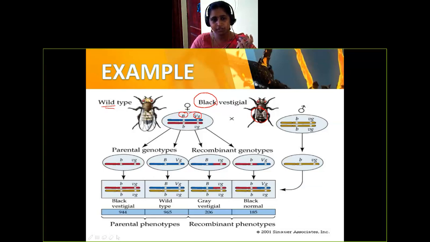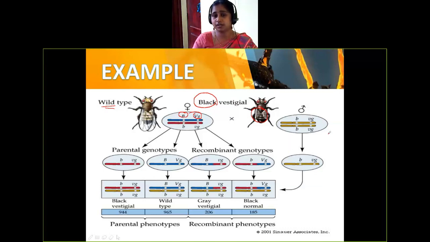So here you can check black, vestigial and wild type. We are representing the chromosome separately: if it is two characters, four gametes will be there; one character, two gametes. Likewise here, two characters, so four different sets of gametes you will get.